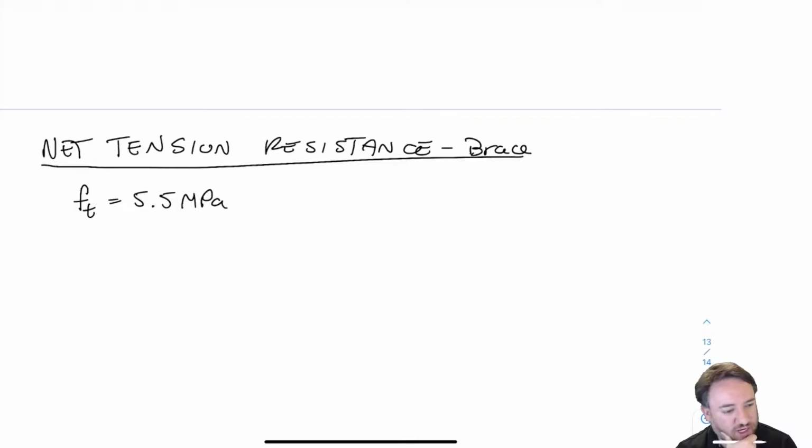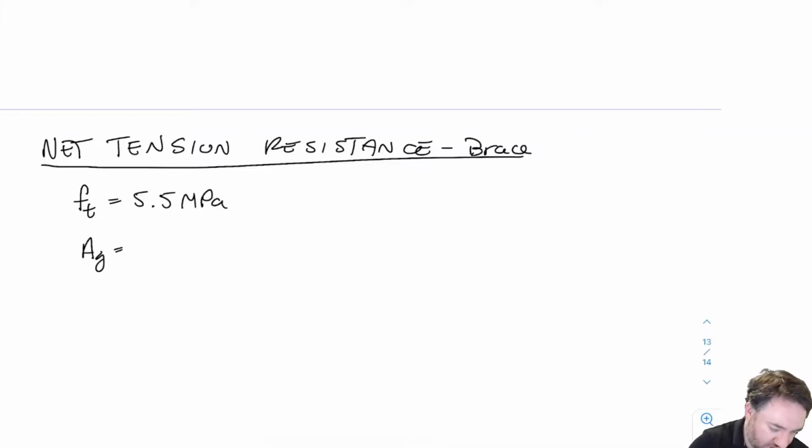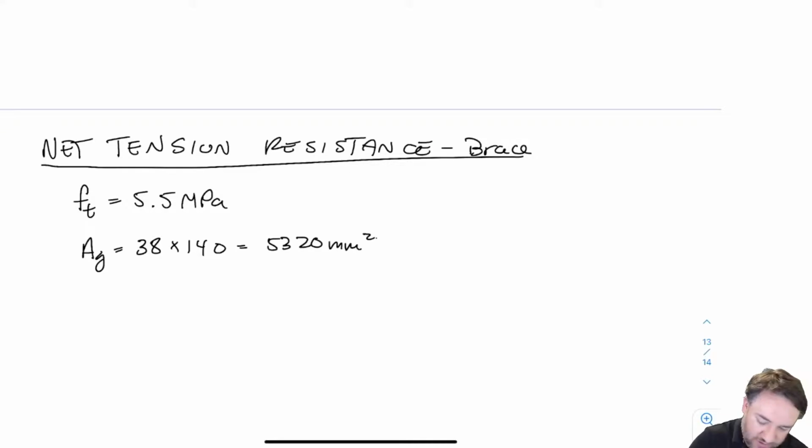Now, we do not have to reduce the thickness for the net section to account for the countersink, but we do have to take out the piece of wood that's there. Okay, I'm going to show how that looks in a second. So the A_G for these is 38 by 140. So that's the size of the piece of wood, and we get 5320 millimeters squared.